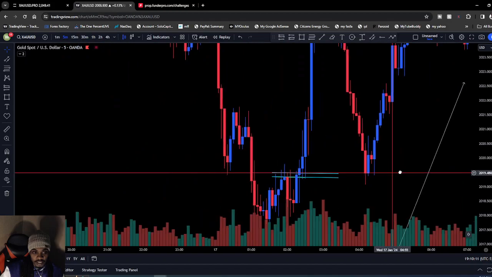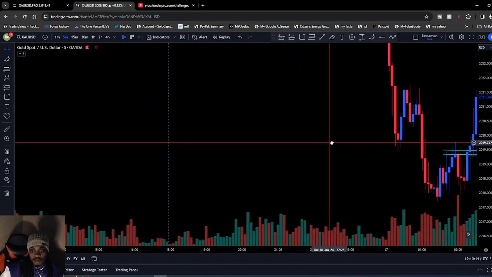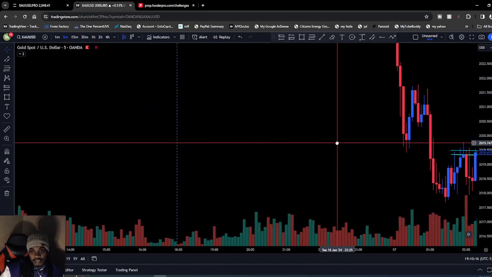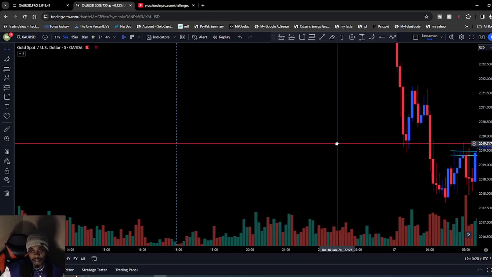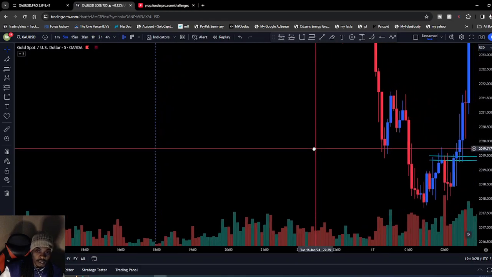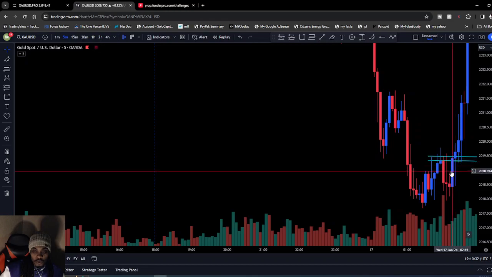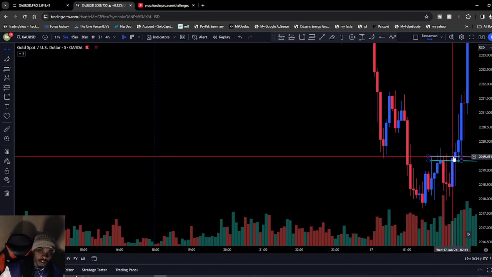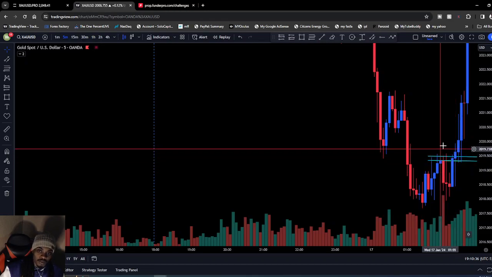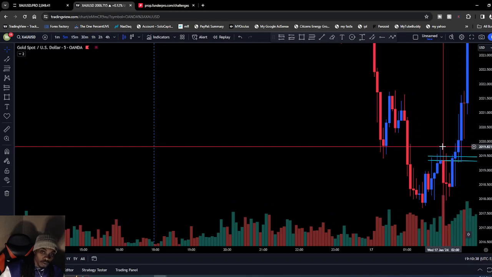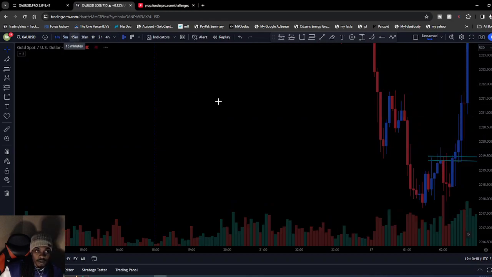So say as price is coming up, in real time, after this candle closes, you'll have your zones marked up. Now you'll be looking to get in. You can either get in on the 5 minute or on the 1 minute. On the 5 minute, you could get in just by the closure, or if price starts to come above these wick highs, or you can go down to the 1 minute.